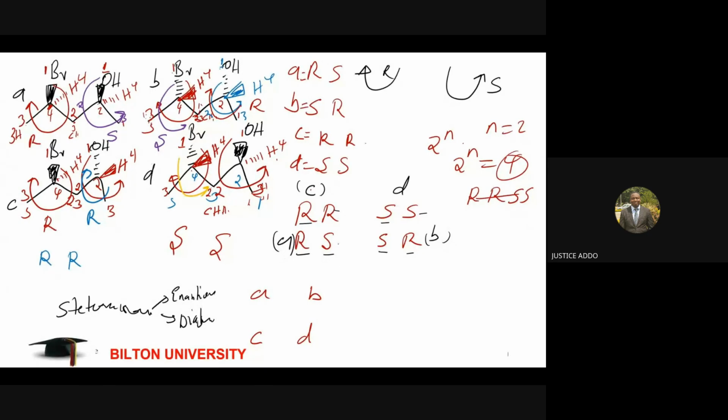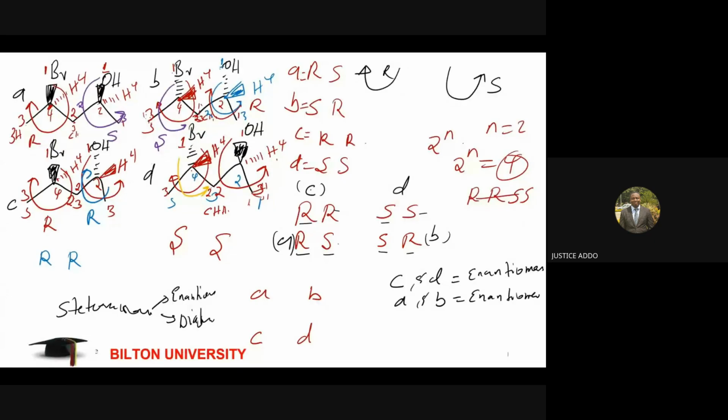So we can say that C and D are enantiomers, and A and B are also enantiomers.